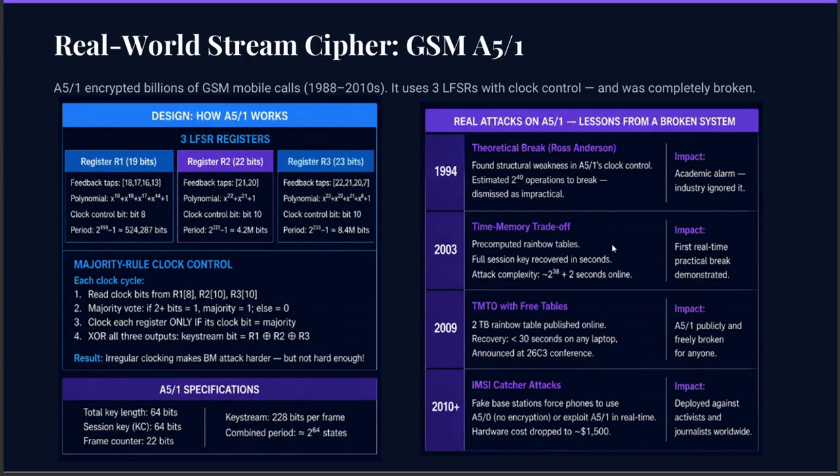Later, IMSI catcher attacks exploited GSM weaknesses in real-world surveillance. Eventually, A5/1 became considered completely broken. This is one of the most important lessons in cryptography: complex-looking systems are not automatically secure.